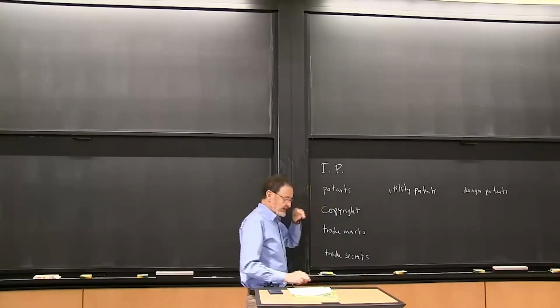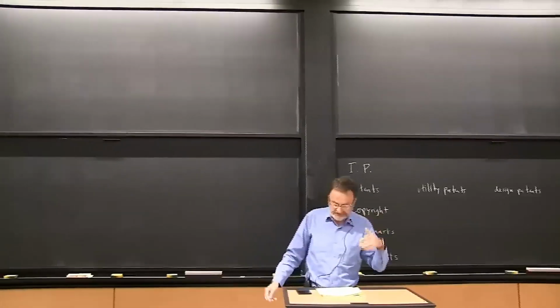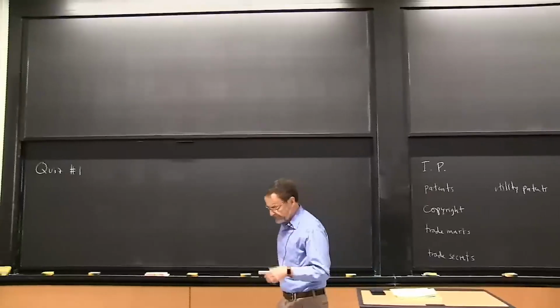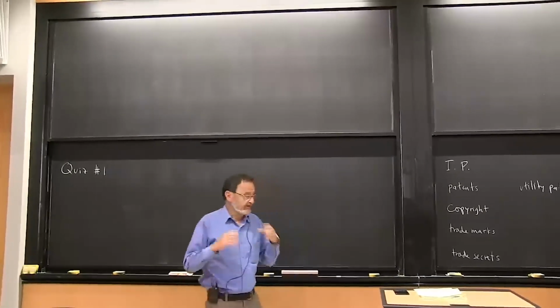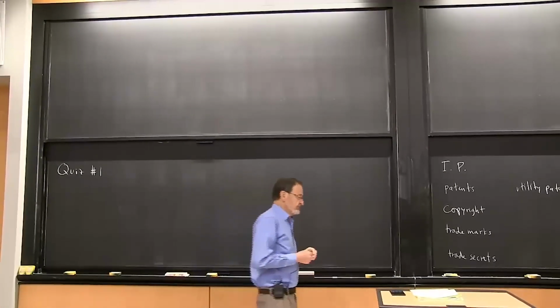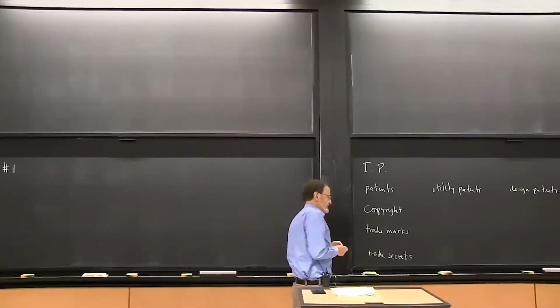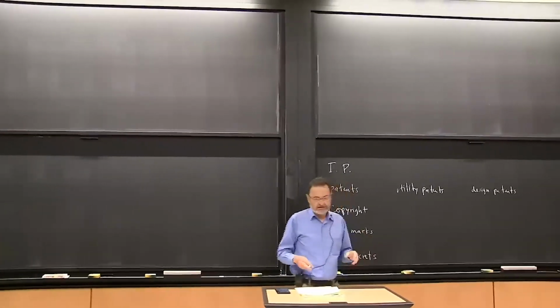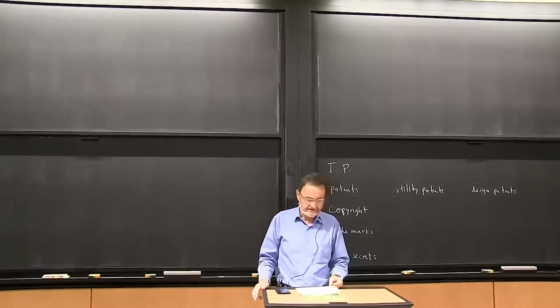So patents, we mentioned last time, this was the kind of social contract where you explain exactly how to do something in return for having a limited monopoly that lasts a certain number of years, and the rules change slightly as time goes on.